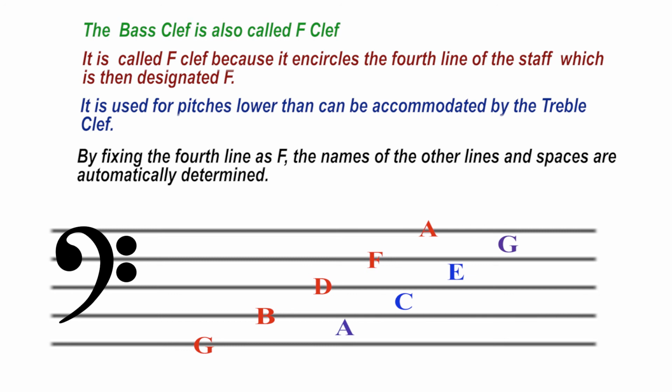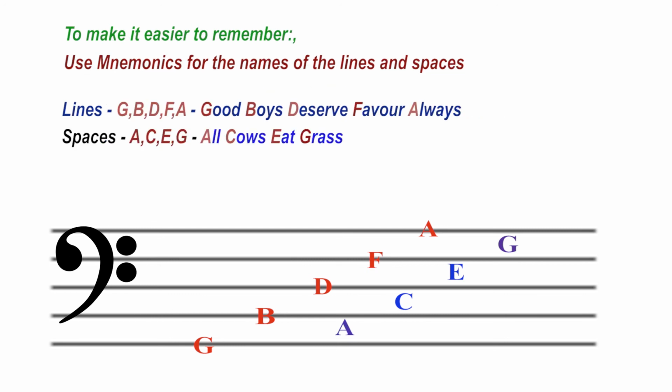For beginners, it is suggested that G, B, D, F, A be thought of as good boys deserve favor always. Good boys deserve favor always. While A, C, E, G might stand for all cows eat grass. Of course, you can develop your own names or sentence to fit the letters by yourself. Anything you can use to remember them.